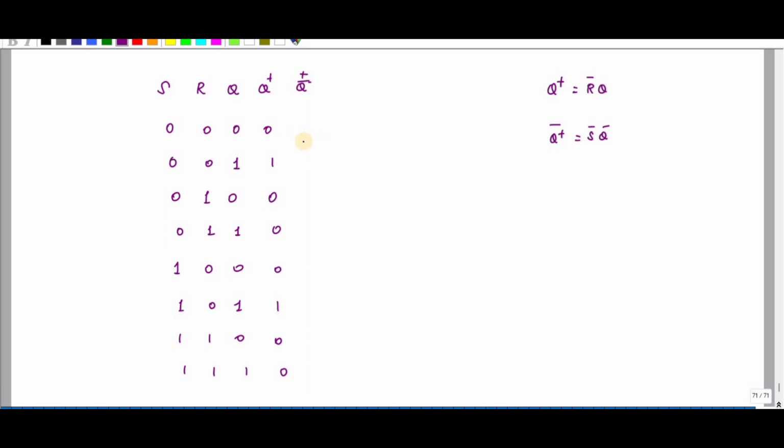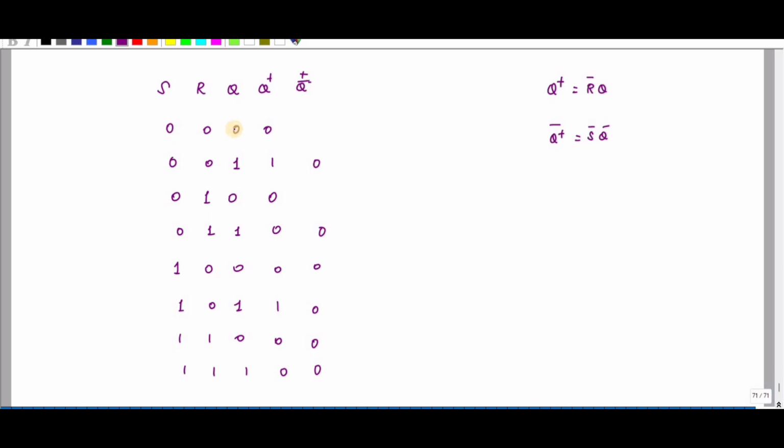So Q plus the whole bar, what is the value? If S is 1, it will go to 0, right? Because S bar is 0. Likewise, if Q bar is 1, if Q is 1, Q bar is 0, right? So therefore it will go to 0. Okay, so next, the next condition is for this one.